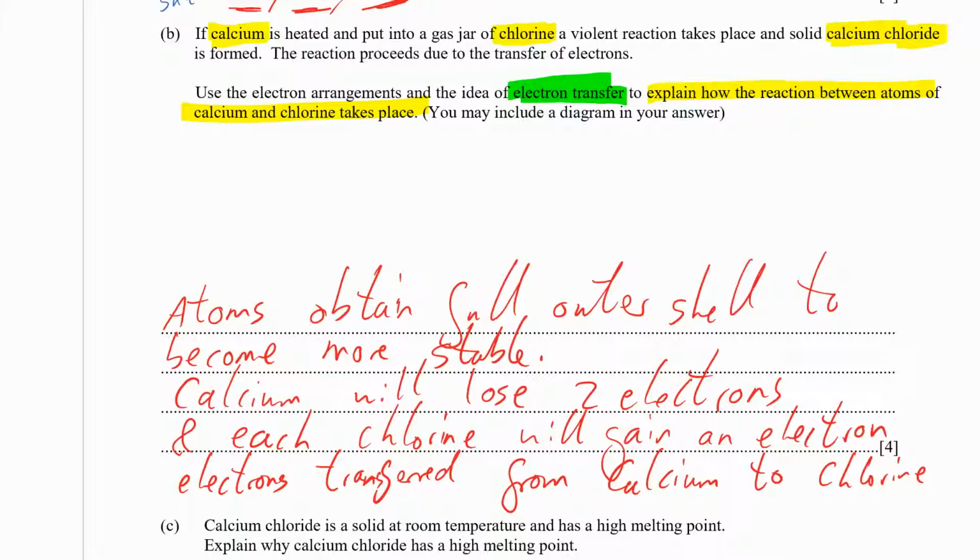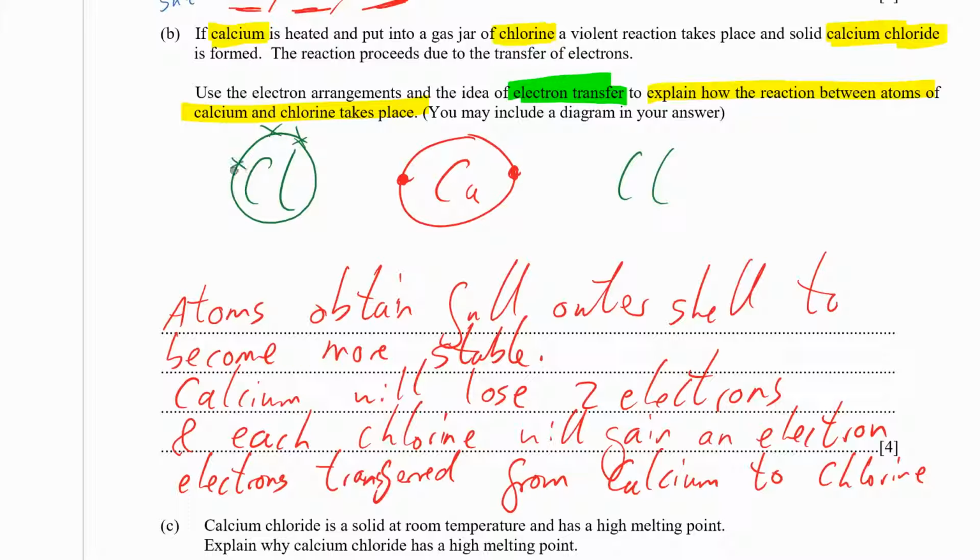You could have also done an electronic diagram for this, and for that I'm just going to show you the full outer shells. So if we had calcium, okay, and it's got 2 electrons in its outer shell, and then we've got chlorine, and they have 7 electrons in their outer shell.